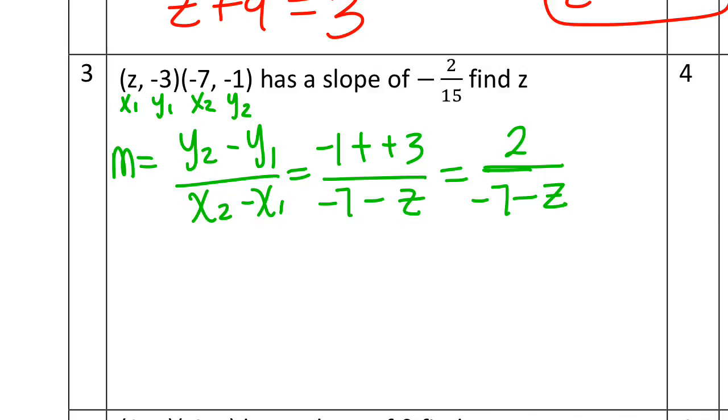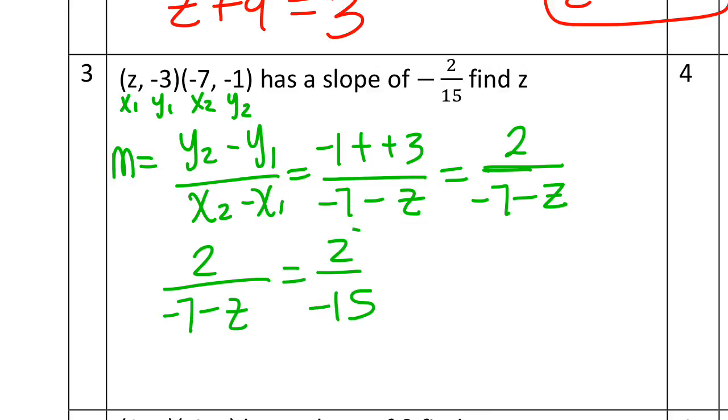So I come down here. I know these two things should be equal to each other. So I know 2 over negative 7 minus z equals 2 over negative 15. So if these two are already the same, I need to figure out how to make these two the same. Okay? I can add 7 to both sides.